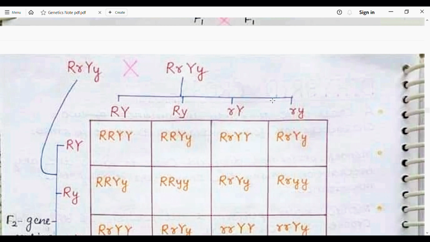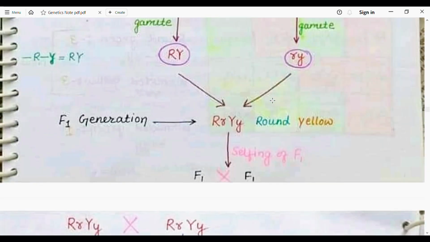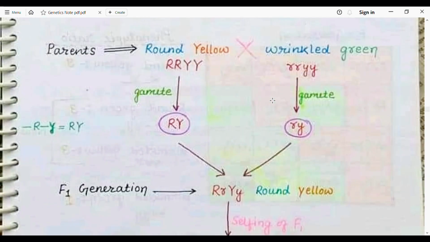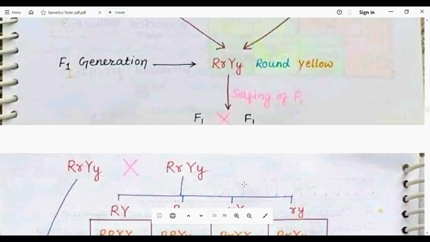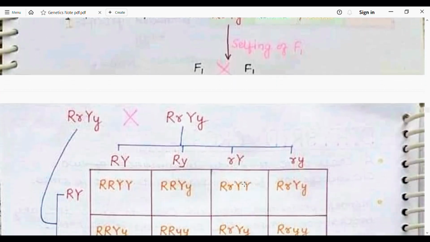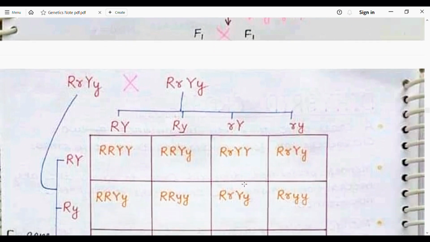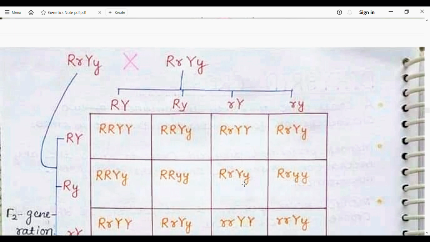As I told you, the law of independent assortment says that when two pairs of alleles for contrasting traits are brought together in a cross, they stay together and they separate at the time of gamete formation. In the F2 generation, when spermatogenesis and oogenesis take place, four different types of male as well as female gametes are produced.